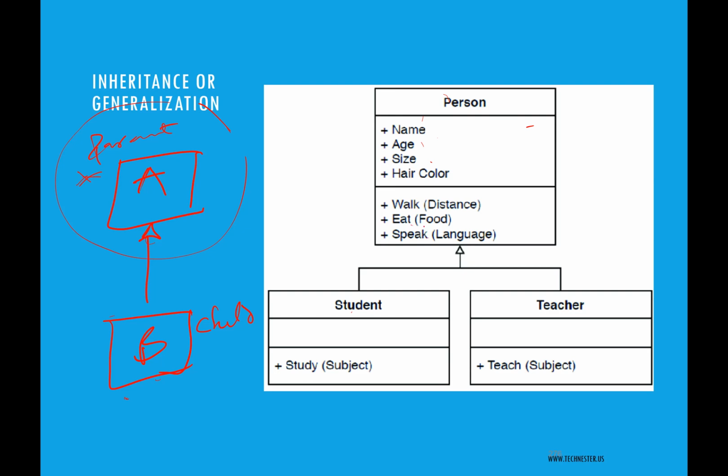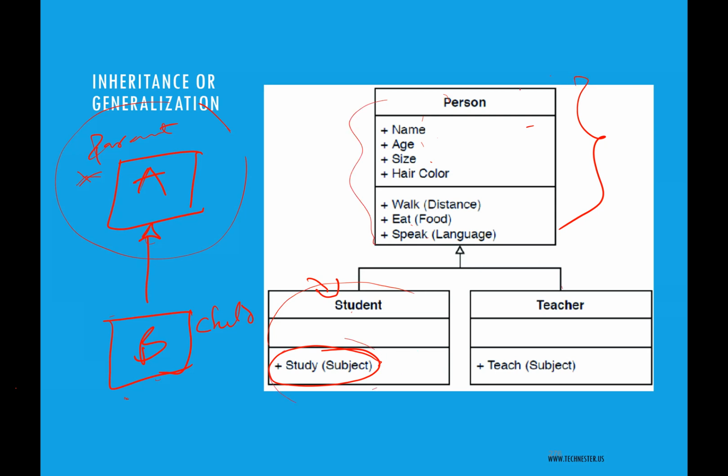But the class student has one extra thing that a random person may not have, which is the operation or method study. So students can study, whereas a person that is not a student will not have to study. So this child class has everything the parent has, but has one more.